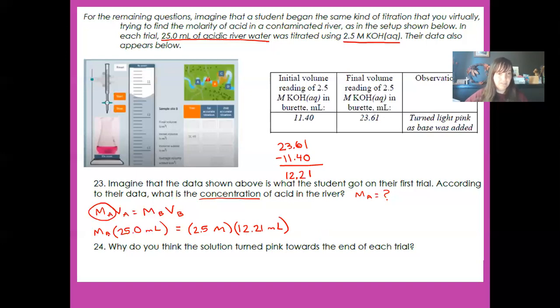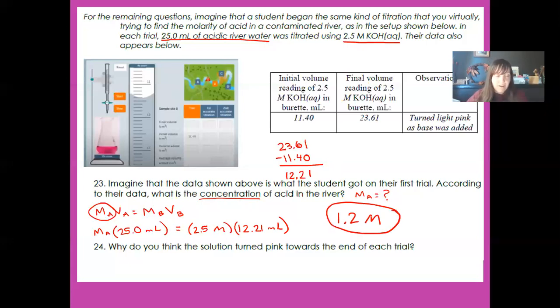And now we'll just solve for MA by dividing both sides by 25. So I'll just do it on my calculator. 2.5 times 12.21 over 25. I get 1.221. Looks like we've got only 2 sig figs here, so I'll say 1.2 molar.